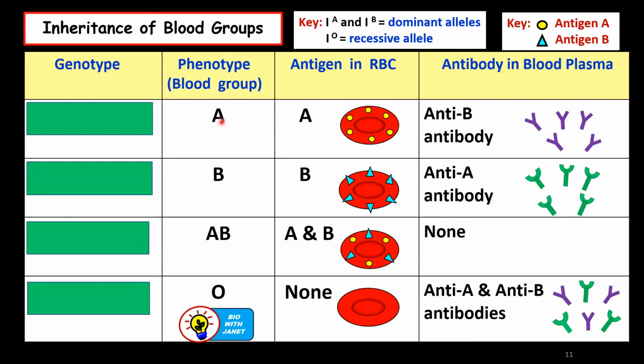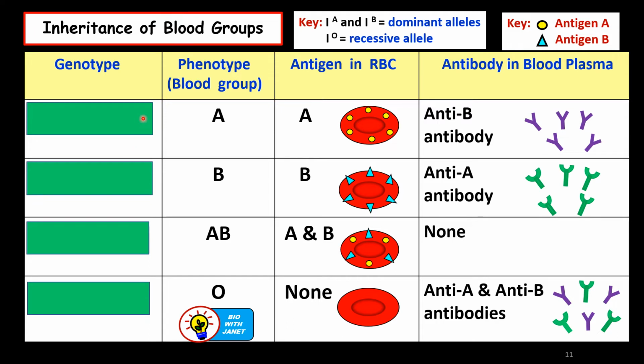But then each person will have a pair of these alleles in each diploid cell. One allele is from the father and one allele is from the mother. Okay, and we know that allele IA and IB are dominant alleles, whereas allele IO is the recessive allele.